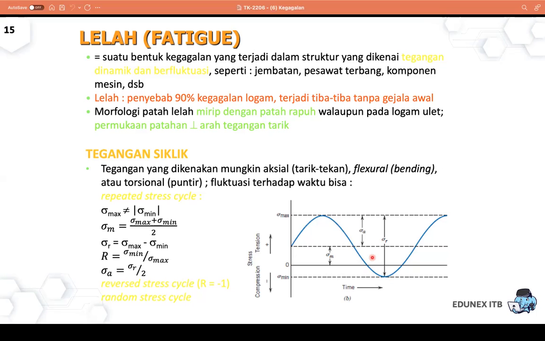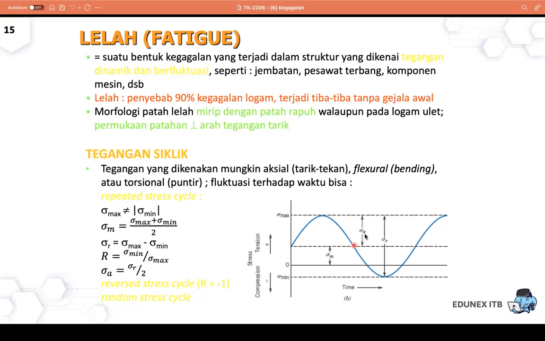So it's like a tensile load, then stop, and then a compressive load, and then go back again, and then tensile load, and then go back to the initial one, and then compressive load, and so on. This may happen for hundreds or thousands of cycles. So here we have repeated stress cycles, looking like a wave, gelombang.